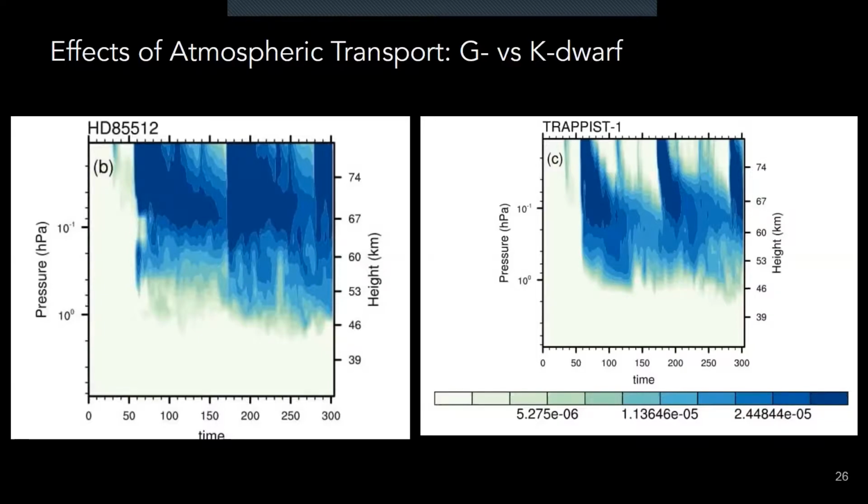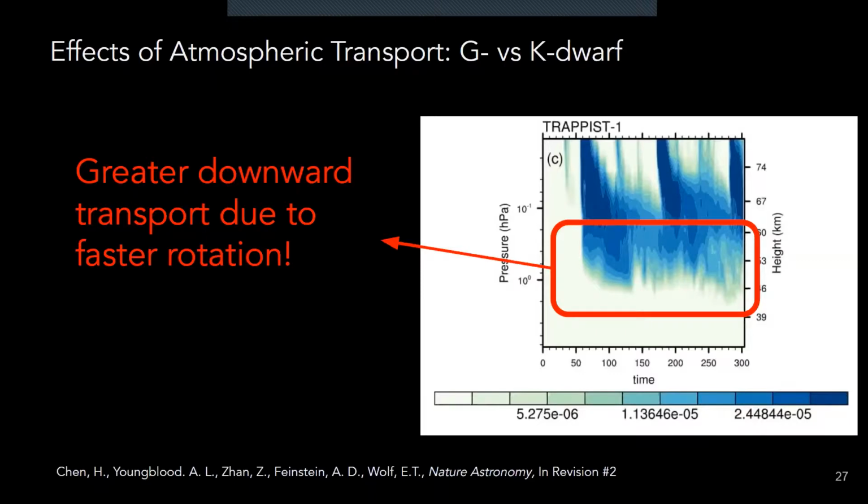On the other hand, for a slowly rotating planet, such as a tidally locked planet orbiting HAT-P-5512, which is a K-dwarf, most of the produced species, in this case nitric oxide, are maintained in the upper atmosphere. This is important because greater downward transport due to fast rotation-induced eddies and turbulence can lead to a more significant ozone depletion, because NO is a very strongly ozone-depleting agent.